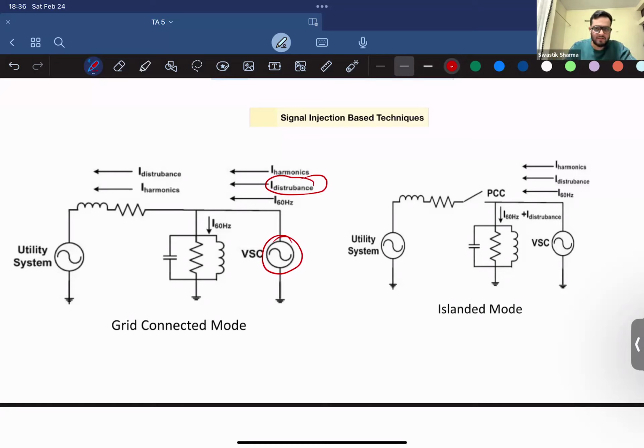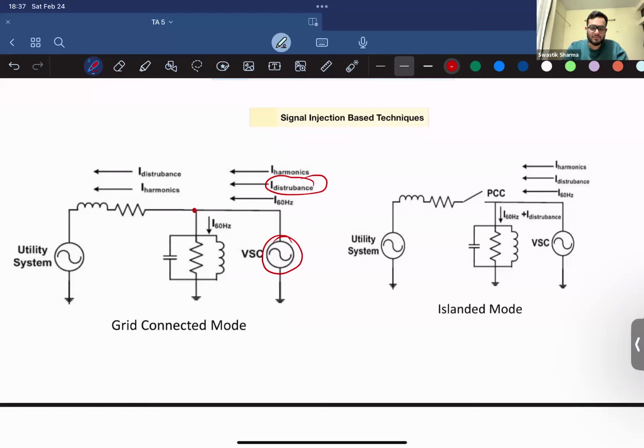You inject some low frequency or a high frequency signal. Generally, we inject a low frequency signal, and you wait for the behavior at the PCC, and then you check if this behavior corresponds to something that could be caused due to islanding or not.